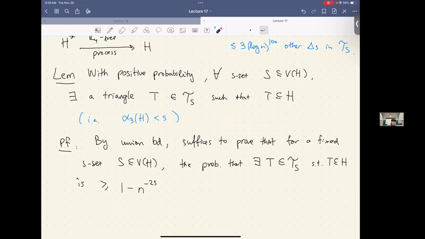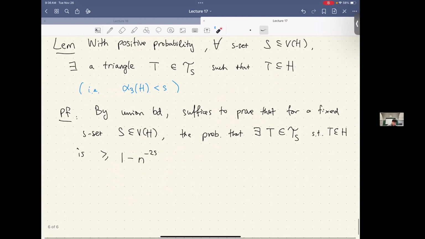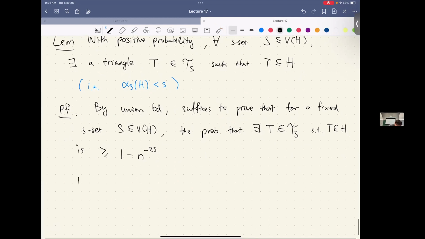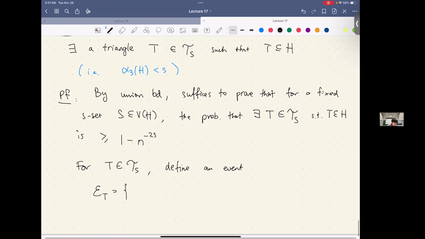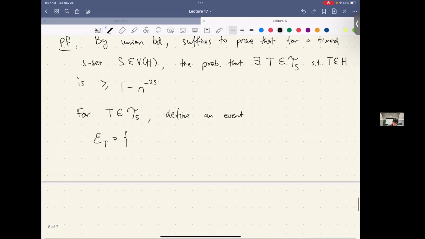To bound this probability, let's first bound an event. For a triangle T in this collection of triangles, let's define the event E_T. We need some notation.